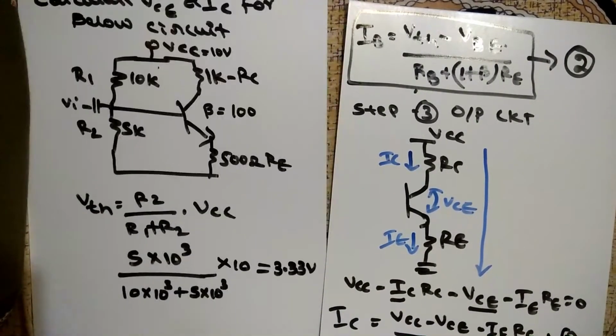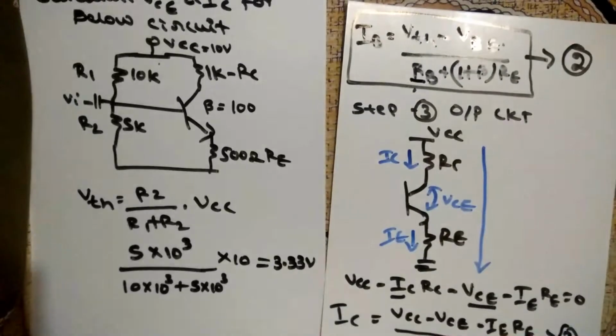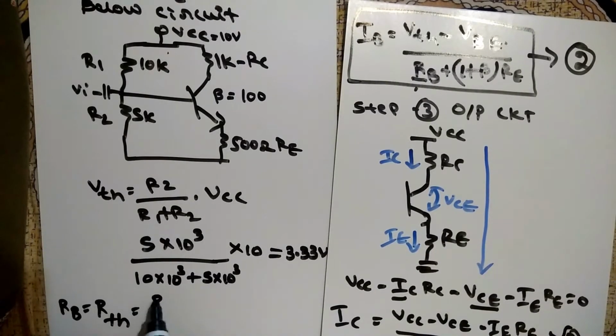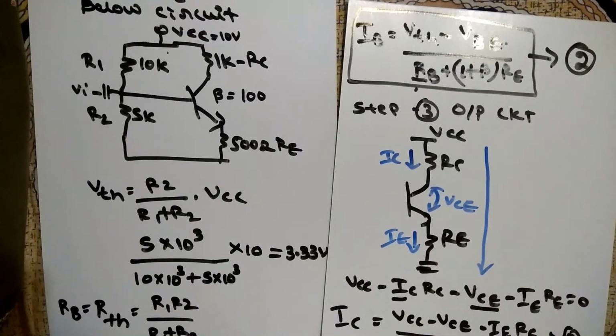Now go for RB, or we can call it RTH. Both are the same. I'm calling it RB because it is in the base connection. It's the Thevenin resistance we have discussed. It is R1 into R2 divided by R1 plus R2, the parallel of R1 and R2.